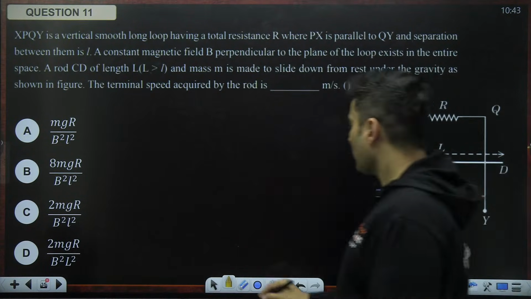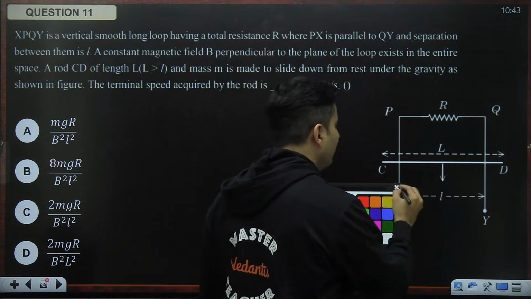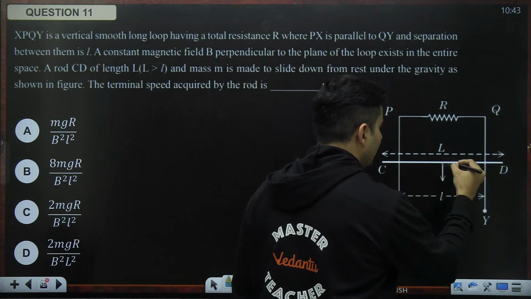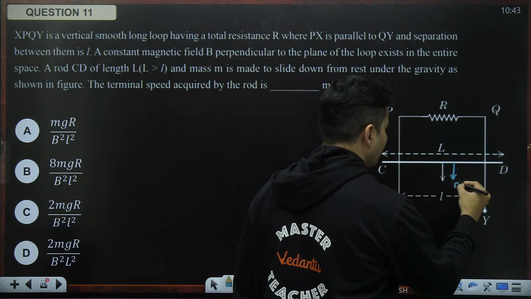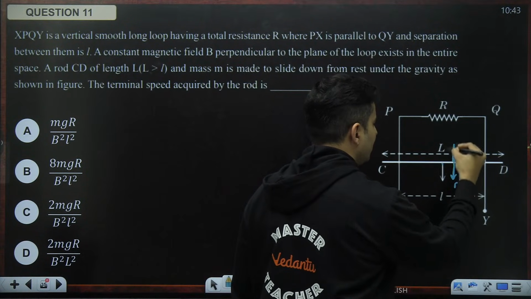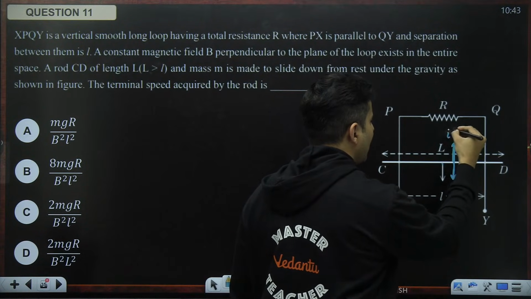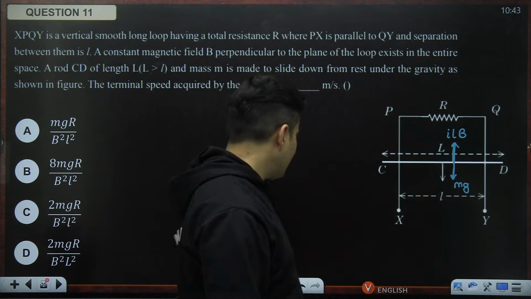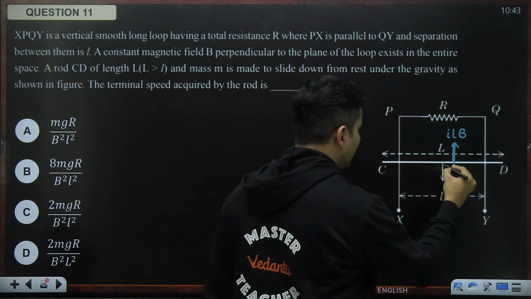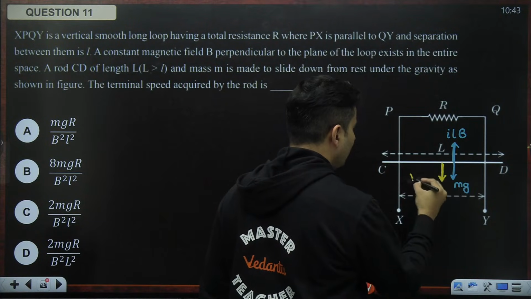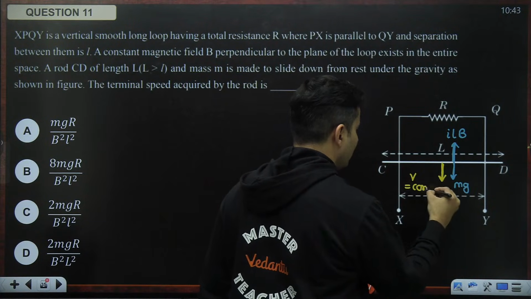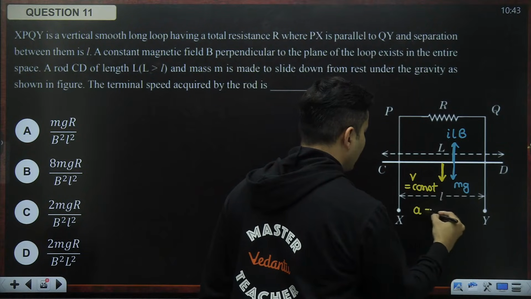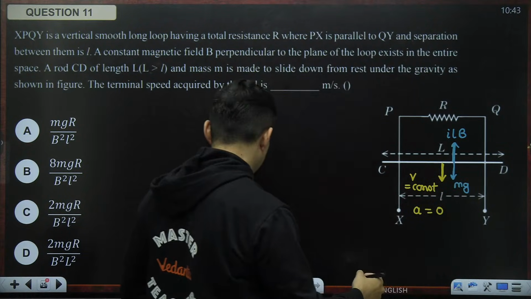See, why will there be a terminal speed? Because there will be mg force acting down, and because of the current which is induced, there will be an ILB force acting upwards, because of which the velocity will be constant. The velocity is going to be constant, meaning the acceleration is 0, so the forces must be balanced.